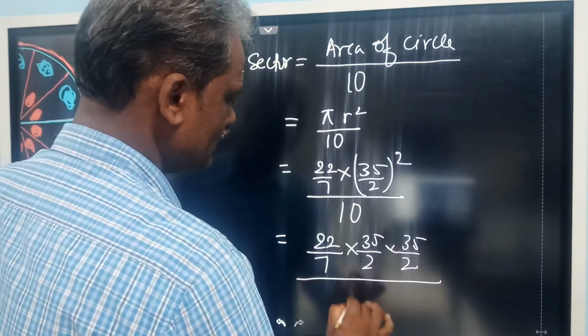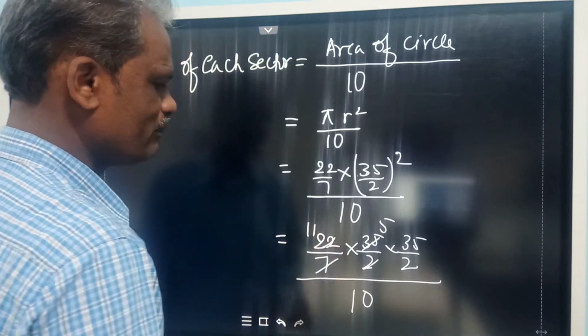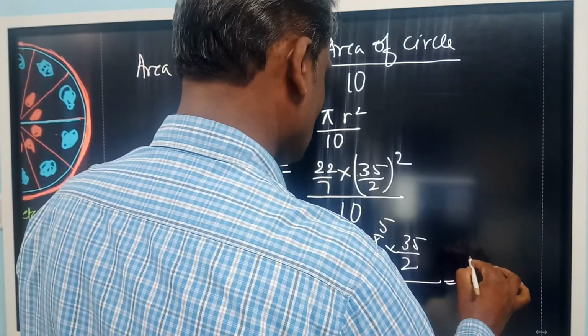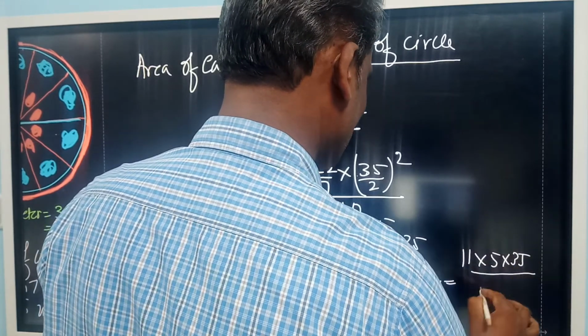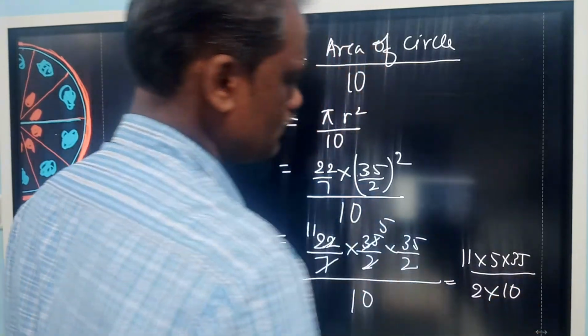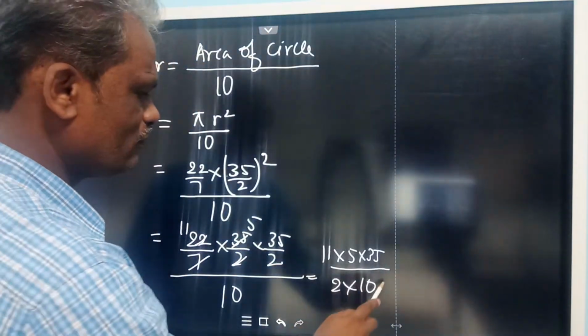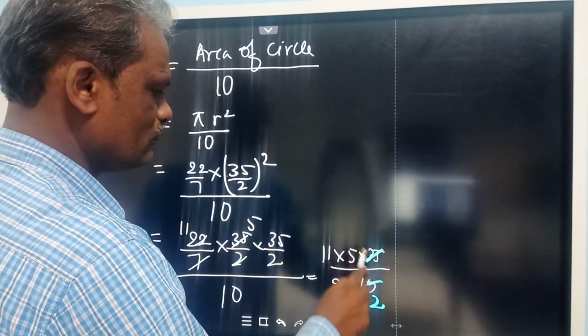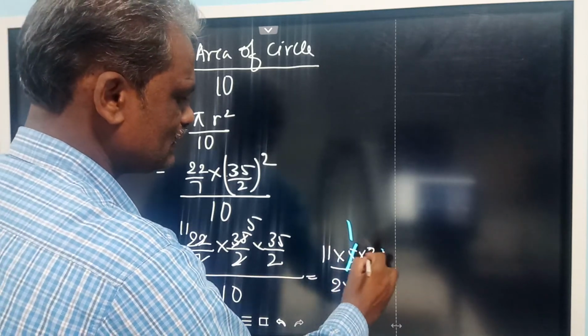Divided by 10. 7 fives are 35, 2 ones are 2, 11. So it becomes 11 into 5 into 35 divided by 2 into 10. Now simplify further. You can keep this 35 as it is.